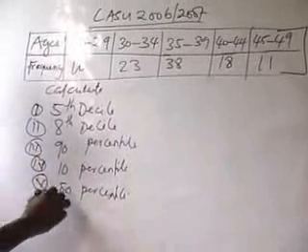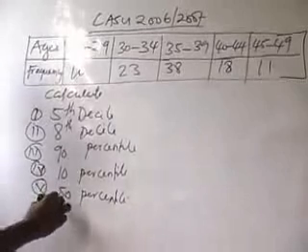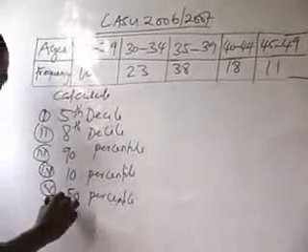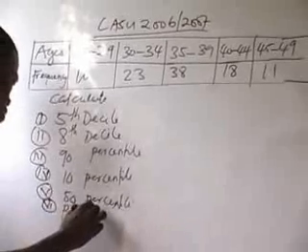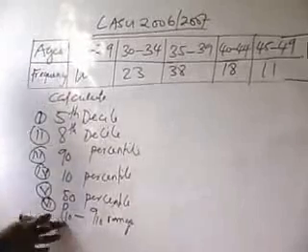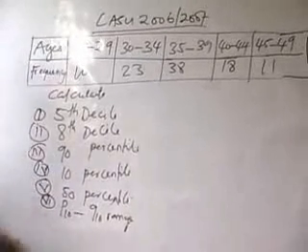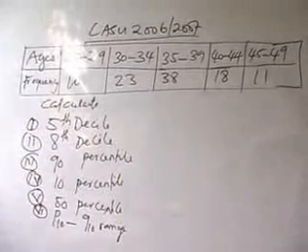Then lastly, number 6, the 10th to 90th percentile range. Are we together? Then and so on like that. When we get there, we are going to do some other things, even though it is not required.